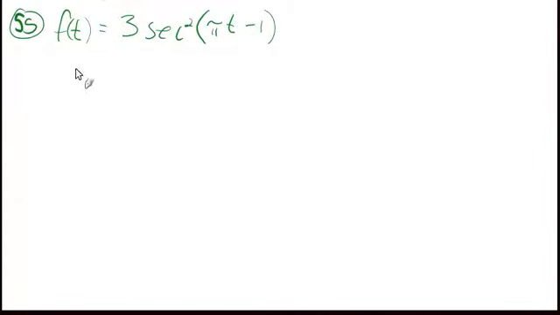First I'm going to rewrite this just to remind you, in case you had forgotten, that this secant, this squared here by the secant, means this. We're taking the secant of this thing, and then all of it is being squared. So hopefully you see that's exactly what this is.